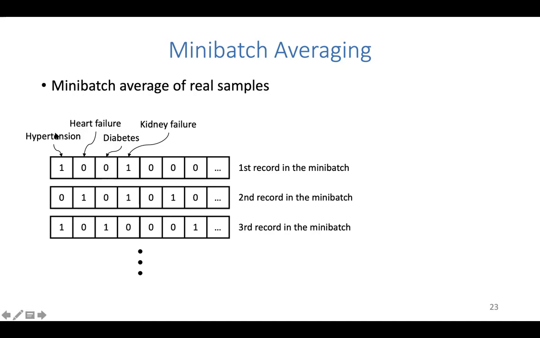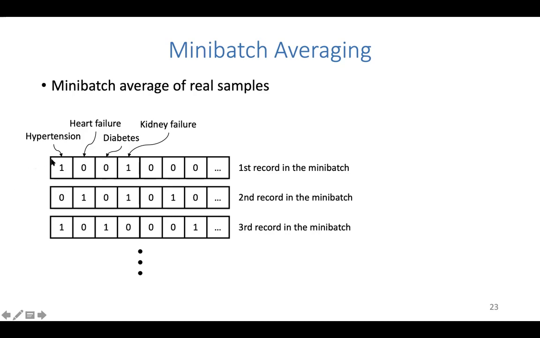For example, the first dimension could be whether or not hypertension was diagnosed for this particular patient or record. The second dimension could be heart failure. The third dimension could correspond to diabetes and kidney failure, and so on. Cough, fever, pneumonia, so on and so forth.